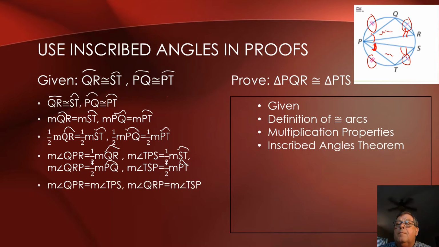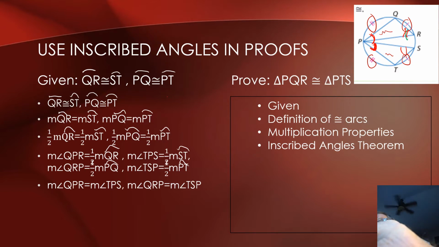Well, then we can say that the measure of QPR is equal to the measure of TPS, and we've got our little congruency marks here. One right here, one right here. These two angles are congruent. And then we can say the measure of QRP is equal to the measure of TSP. Let's put that in a different color maybe so we can see it better.